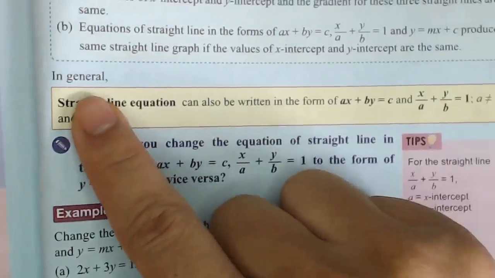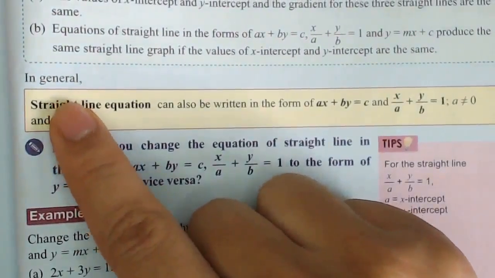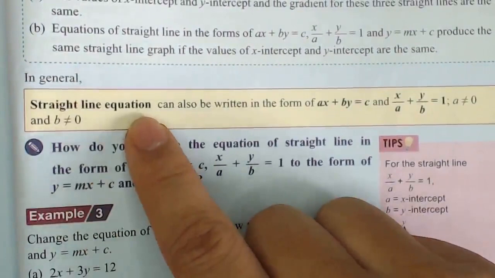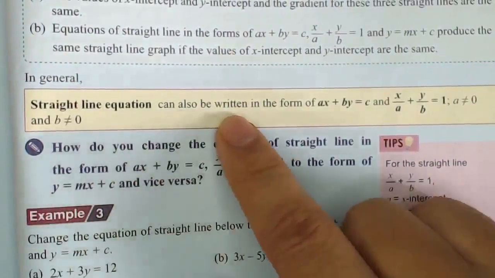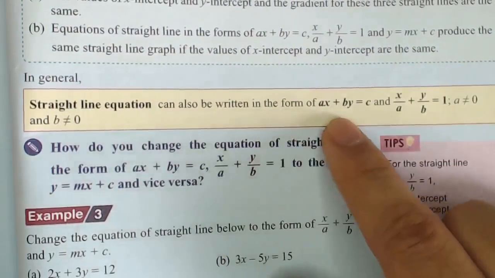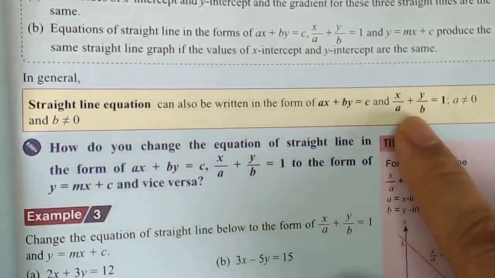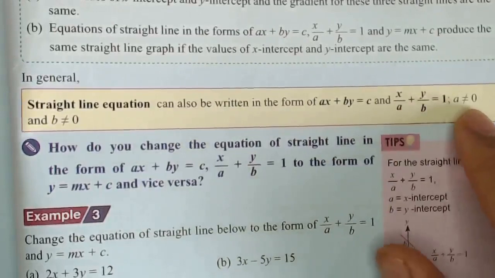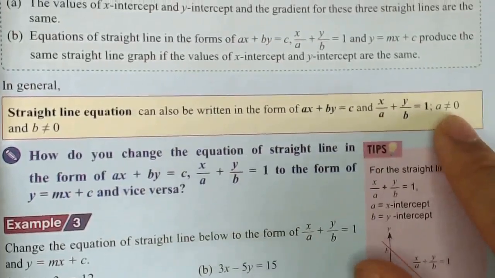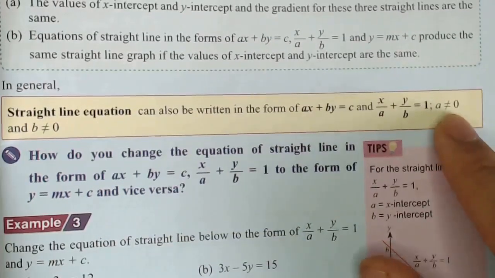In general, a straight line equation can also be written in the form of either this or this, where A cannot equal 0.